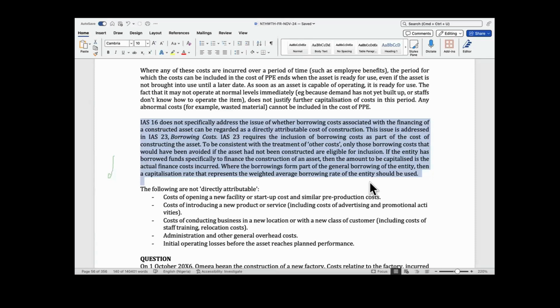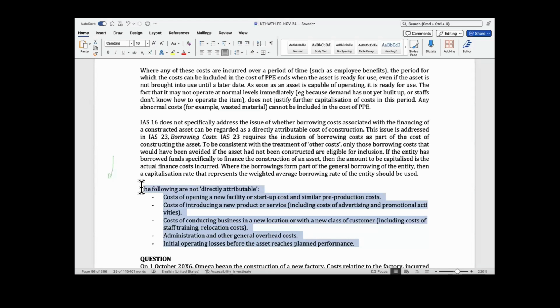Okay, before we go to questions, there are certain costs that you should not mix up and treat as directly attributable, because they are not directly attributable. In May 2022, I asked you to list 4 costs according to IAS 16 that are not directly attributable for 4 marks.